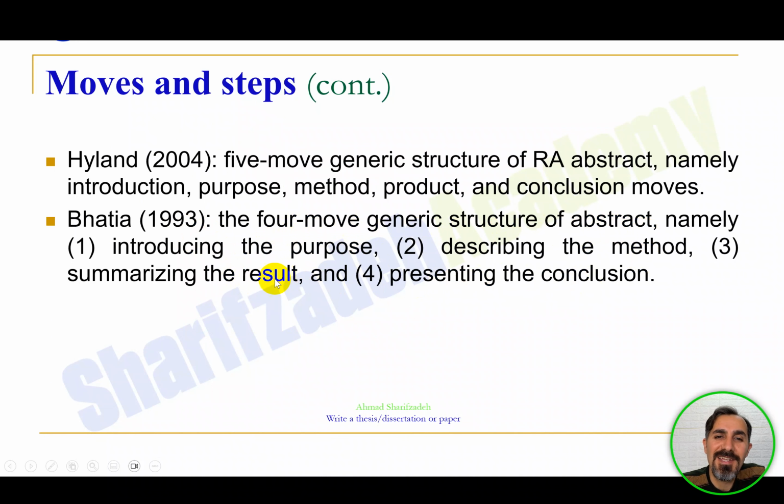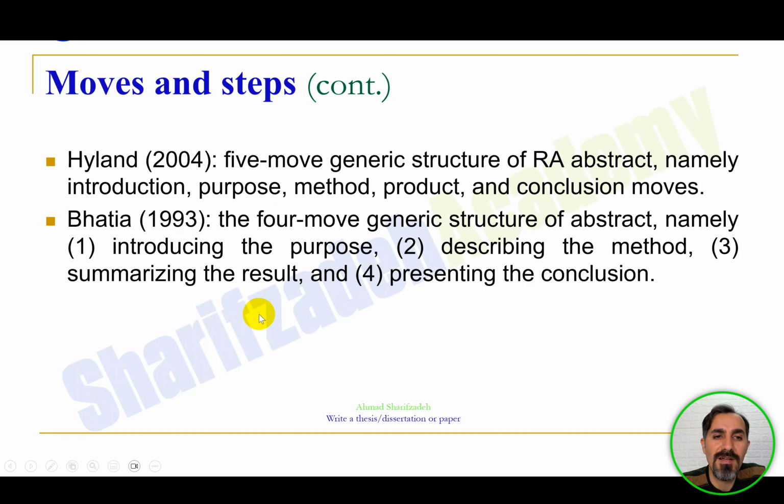He excluded two parts, the introduction at the start and the implications of the study at the end. Maybe the reason was the date of proposing that model. Maybe at that time, abstracts normally didn't have sections like introduction and implication, but nowadays we think it is necessary to include those two parts as well.